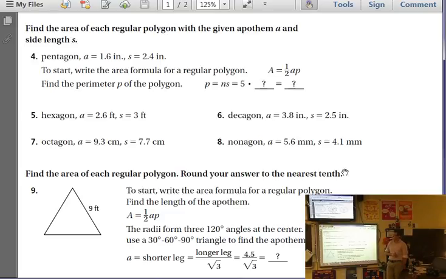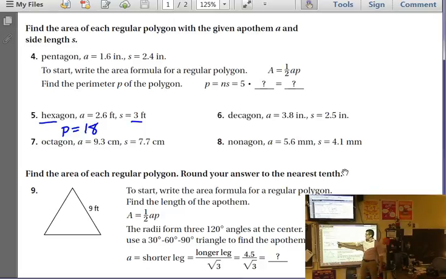Does anyone have any requests for which one of these we solve? No. Okay. So all we need to do is take half of the product of the apothem times the perimeter. So the big thing here is finding the perimeter. If it's a hexagon with a side length of 3, that's 6 sides with length 3, so the perimeter would be 18.